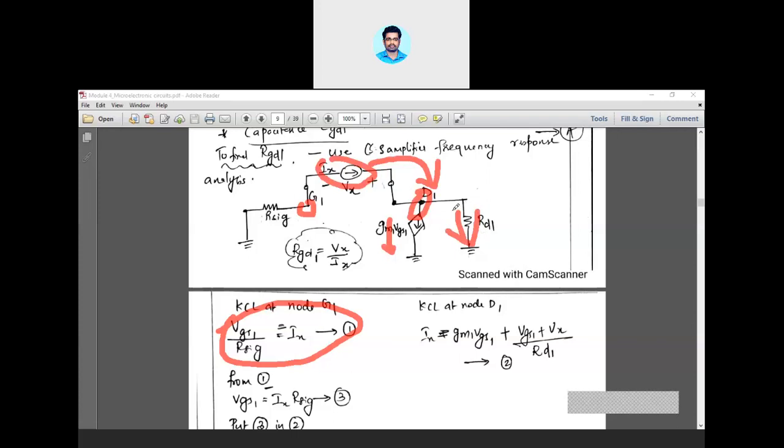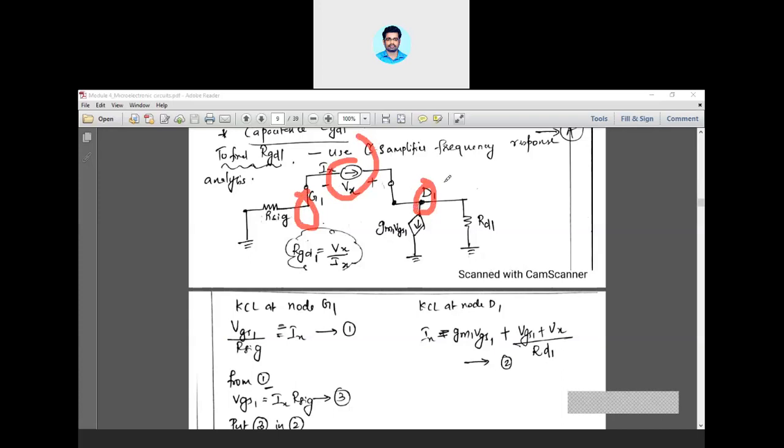What is the current through Rd1? It is this voltage divided by this resistance. Can you tell me what this voltage is? It is nothing but the voltage at the drain. The voltage at this drain is equal to this input plus this voltage, isn't it? Whatever the voltage at the gate, plus Vx, will get you the total drain voltage.